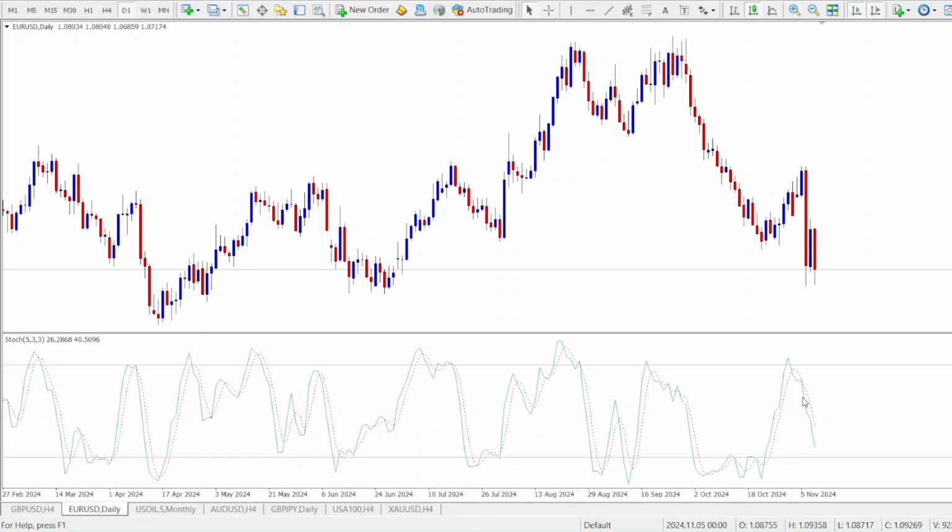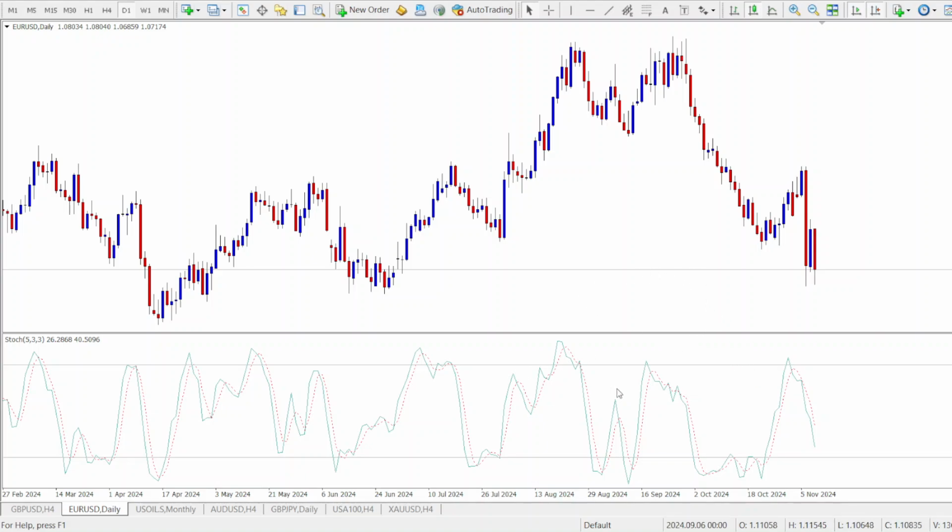With the daily charts, you are looking at long-term trends and momentum, which can help you avoid the distractions that often occur in lower time frames. This is crucial for swing traders or anyone looking to capture larger price moves over several days or even weeks.